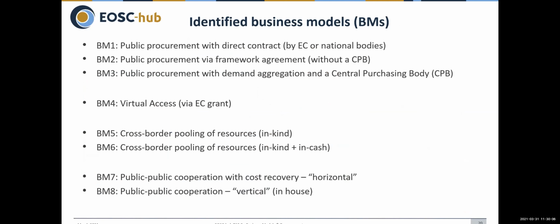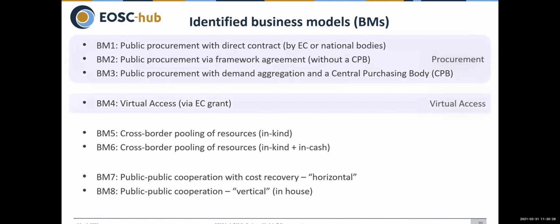So moving towards the business models, this is not a complete picture, but these are probably the most relevant ones for the upcoming period. There is a first set of business models relevant to procurement: a general case of public procurement, framework agreement, demand aggregation, and CPB. There is also virtual access.